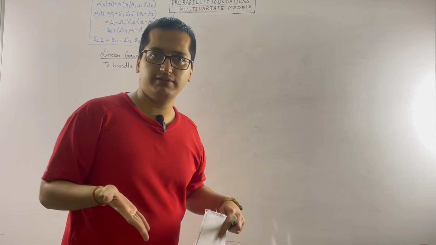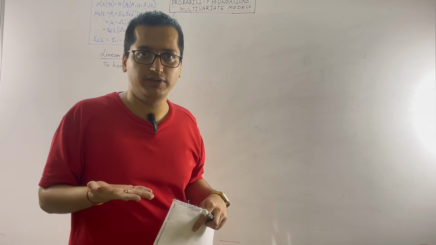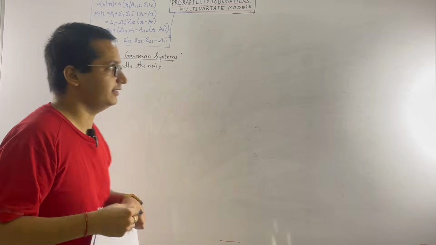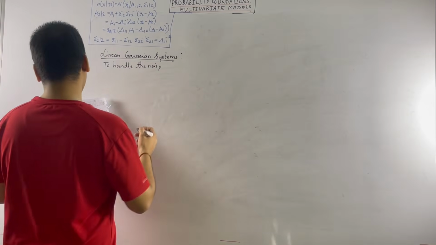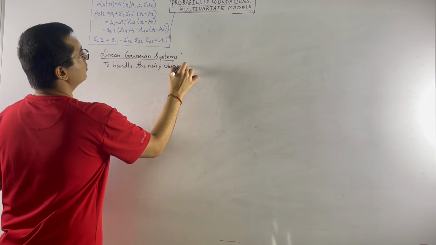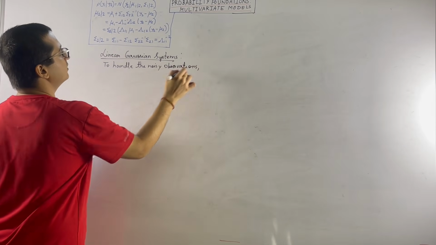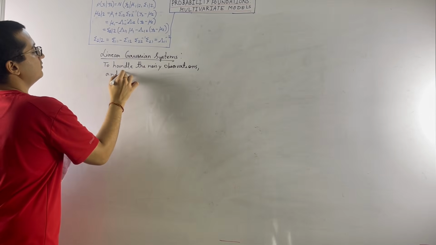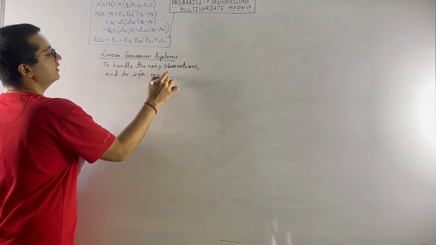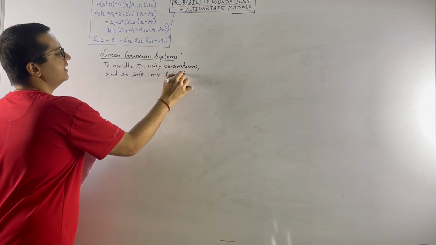And then we revise our latents via the posterior. And in this case, we have some noise addition as well, right? So to handle the noisy observations and to infer the posterior, infer my latent.